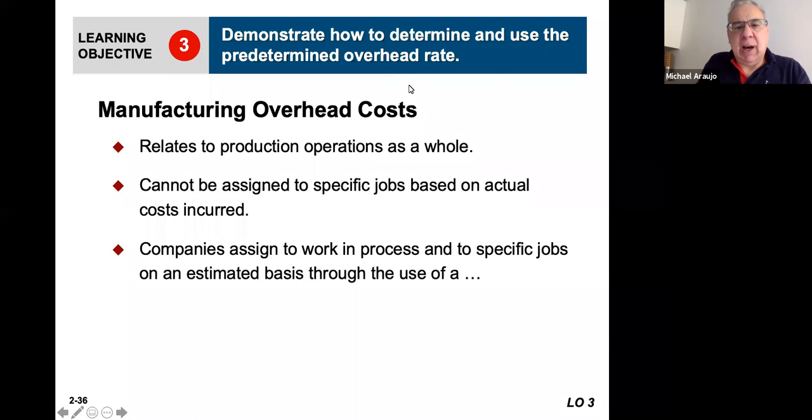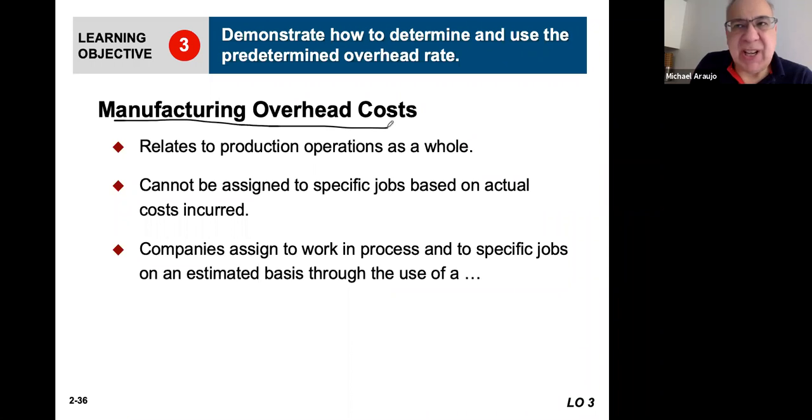Record this. Today, the goal is to understand how we allocate manufacturing overhead costs. Now, unlike raw materials, where it takes this much sugar to make this much soda, and it takes this much labor to build a fire truck, you can't do that with manufacturing overhead costs.